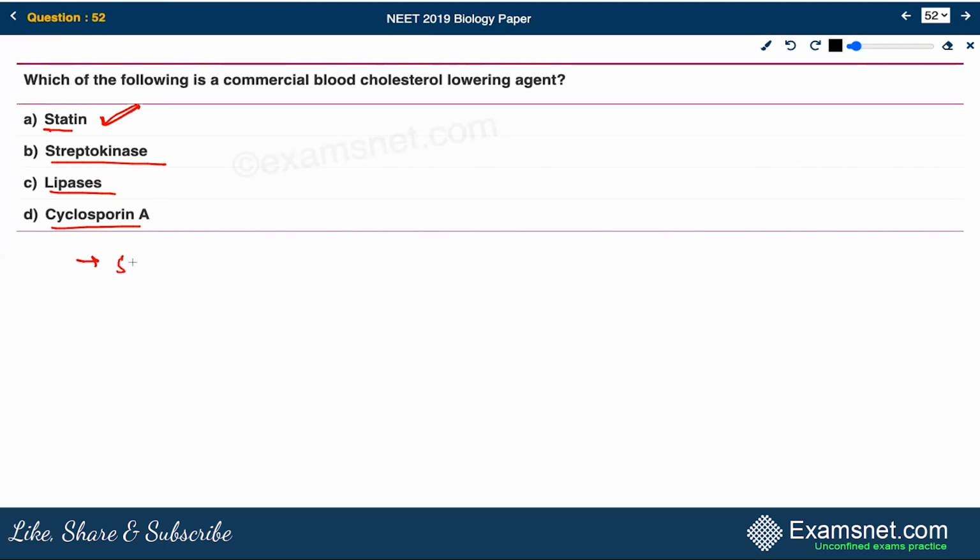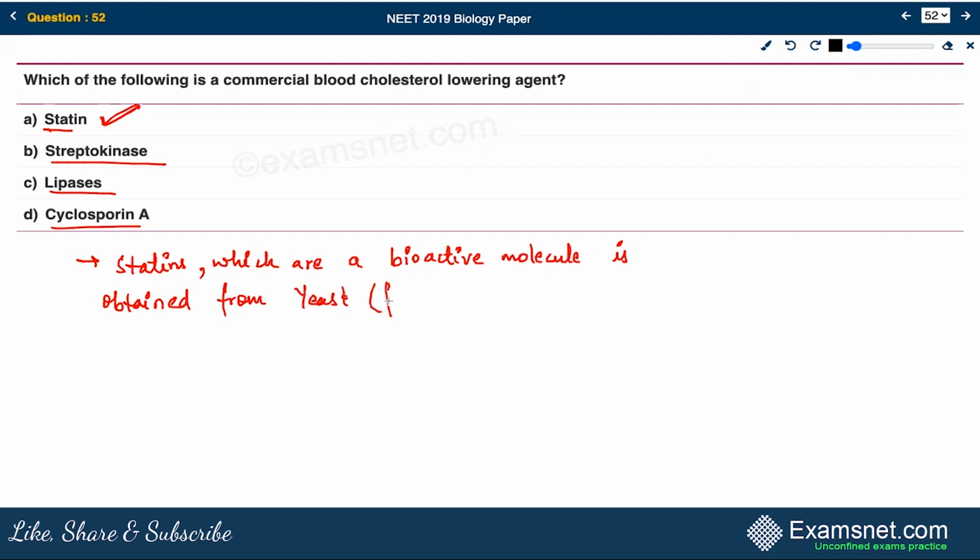So statins, a bioactive molecule, are obtained from yeast, which is a category of fungus, and the yeast is Monascus purpureus.